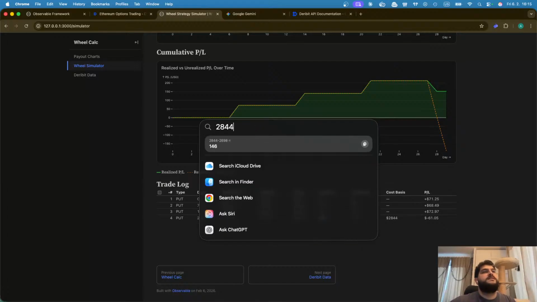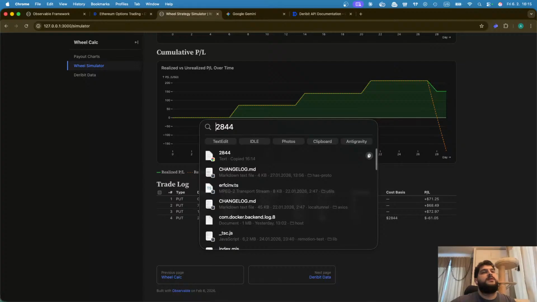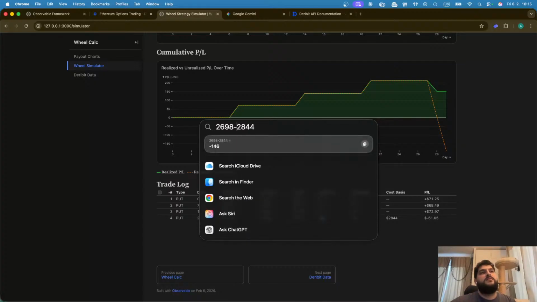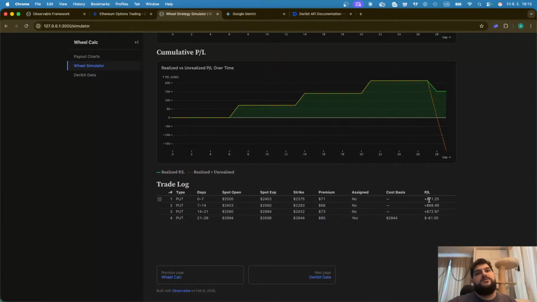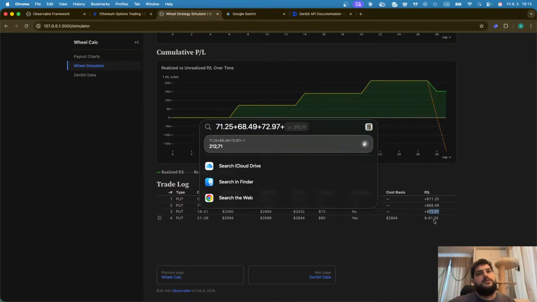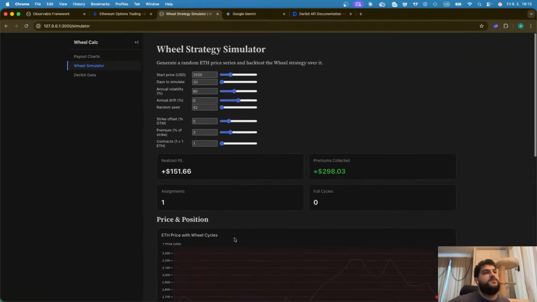Like, we purchased, let's say, at this price, and it went down, so we were minus like this, and then we got like $85 in premium, so we are minus 61 here. So if you add up all those, then it should be equal to 151, which is here.